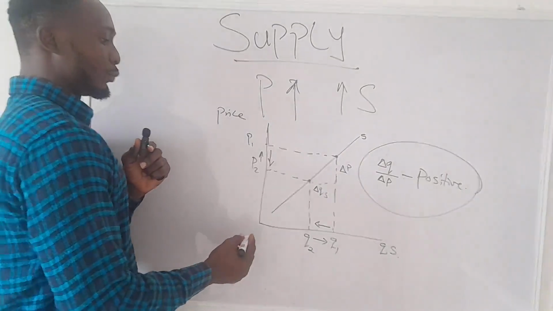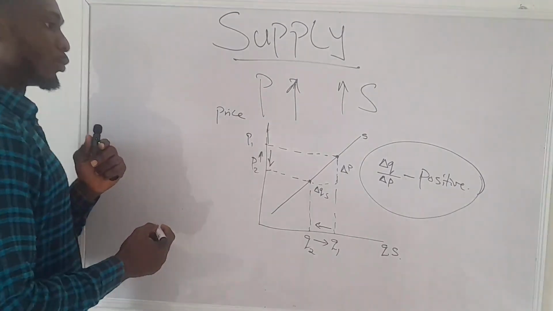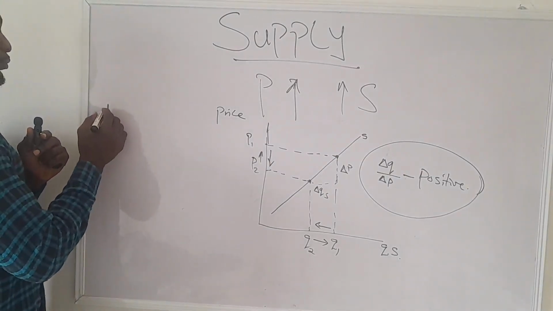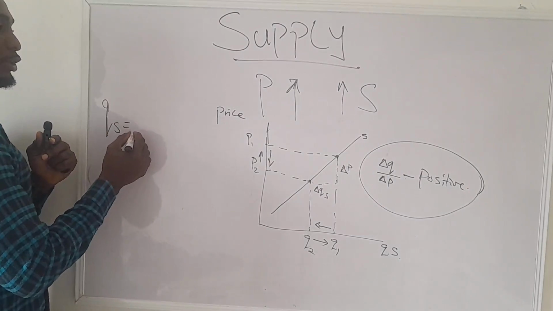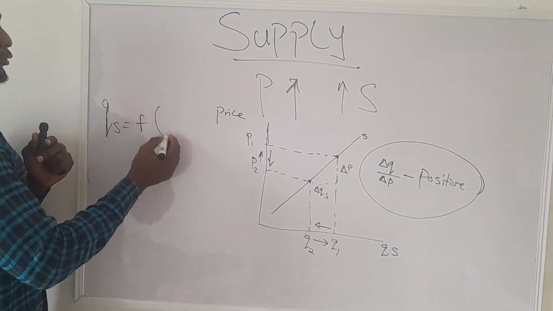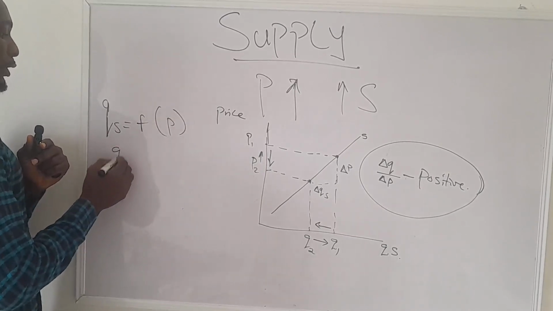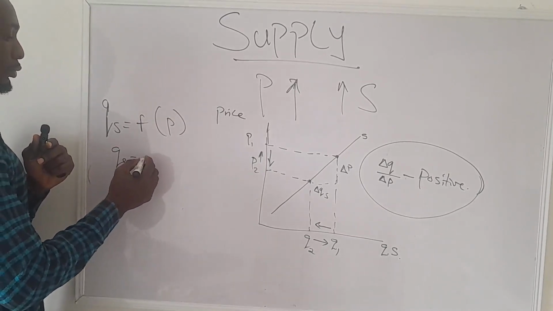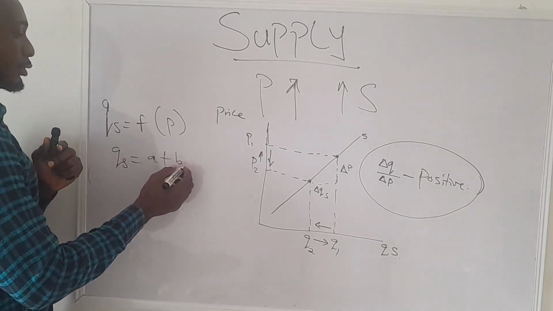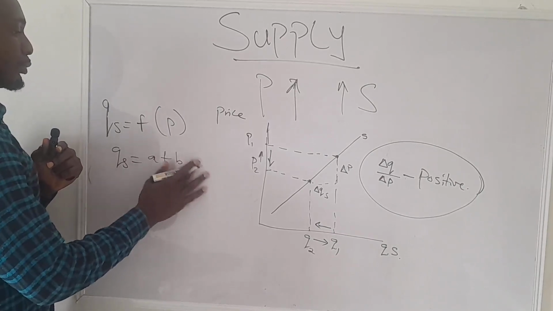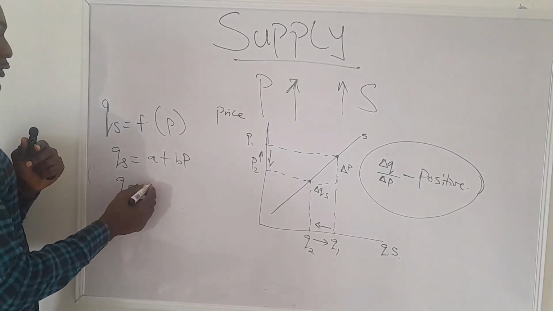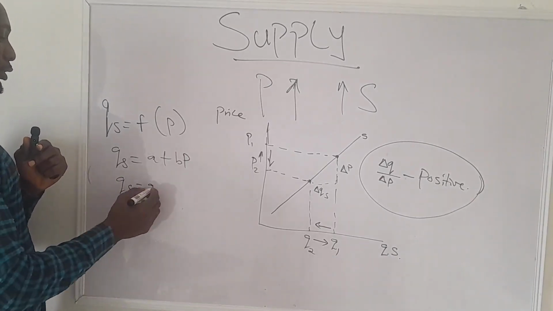If we are about to put down the supply function, it would look like this. QS is equal to, let's say, a function of P. If we break this further, QS will be equal to A plus BP, where QS is the quantity supplied as usual.